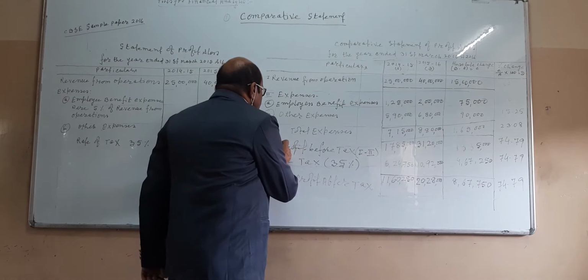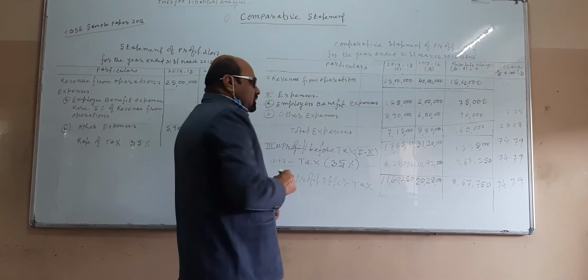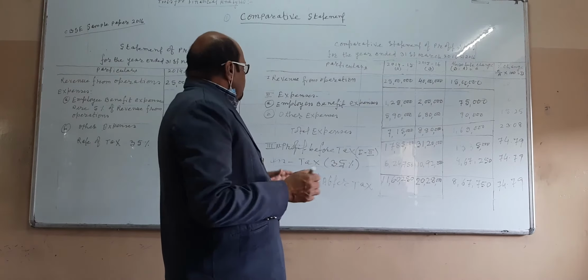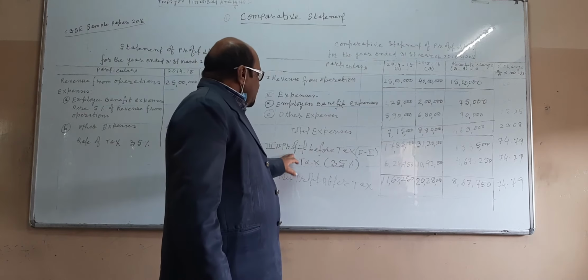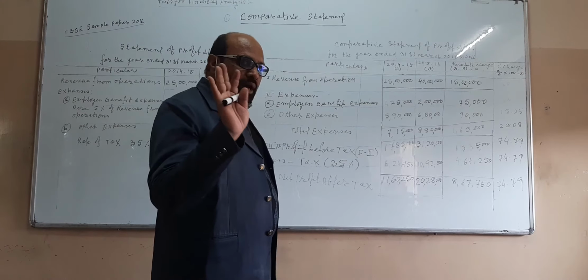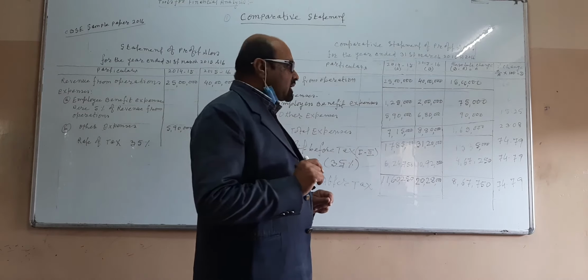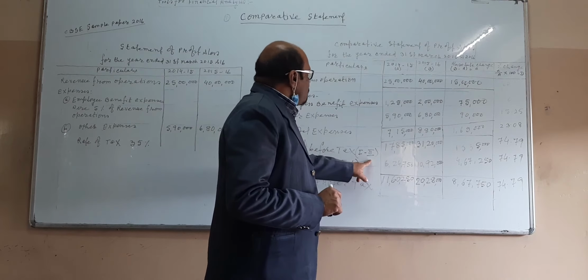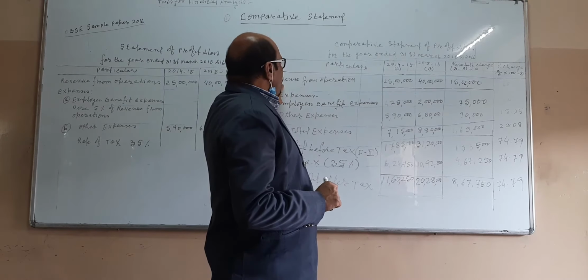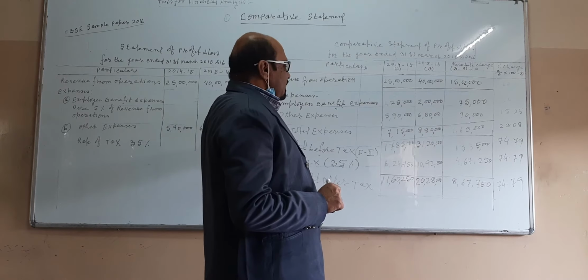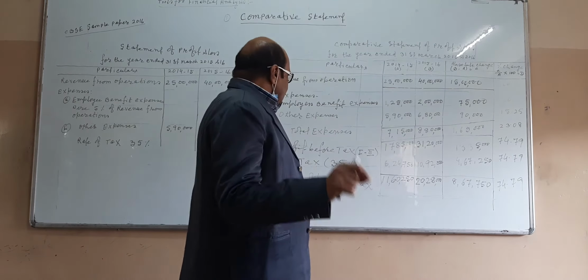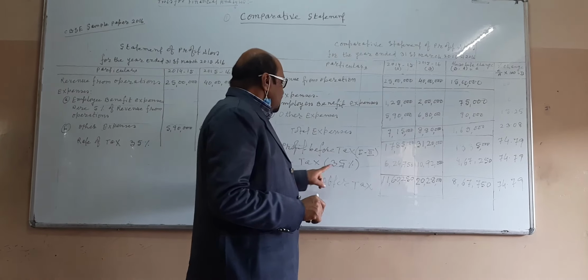Better to write net profit before tax. In short, we can call it NPBT. But students, you write in the examination net profit before tax. So net profit before tax is what? 1 minus 2, that is, revenue from operation minus total expenses. Then tax 35%.